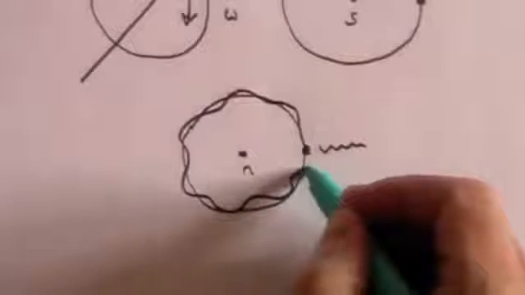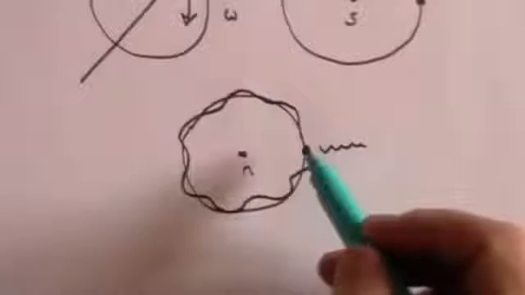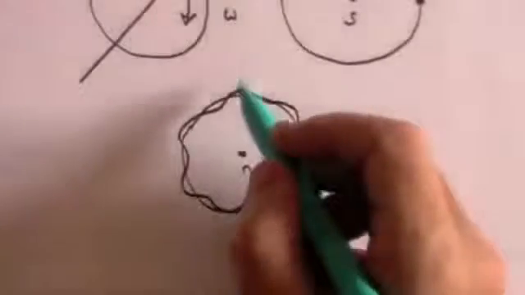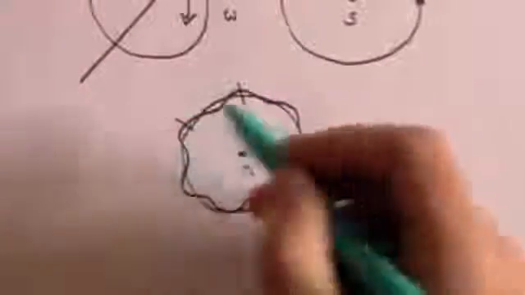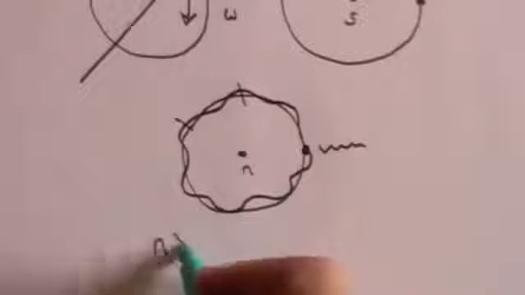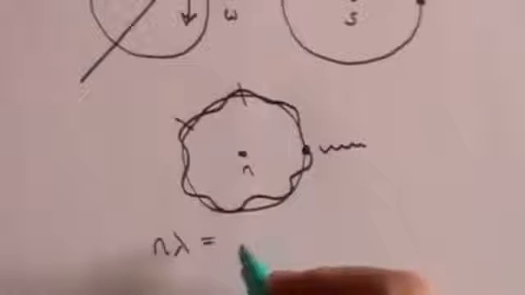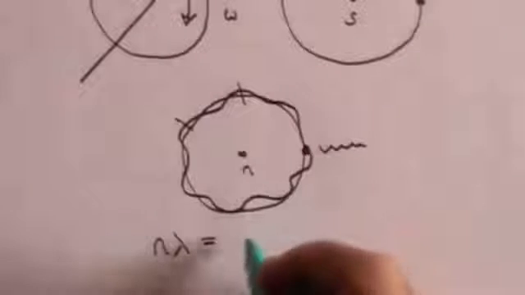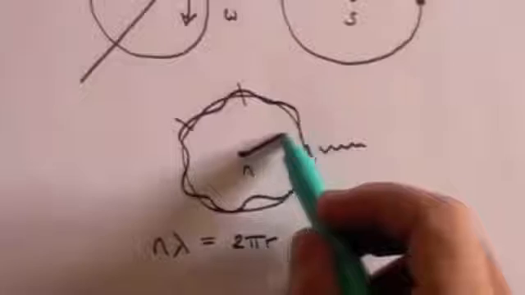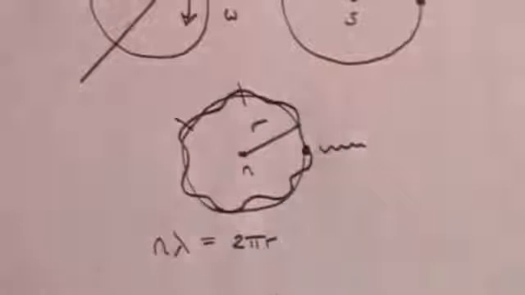On the wave which is going around, the point about that wave is it's a joined up wave. There is no disjoint between where it starts and where it ends, and that means that there is a whole number of wavelengths in that orbit, so that there are n wavelengths, where n is a whole number, an integer, in the circumference of the orbit, which is 2 pi r, where r of course is the radius of the orbit.